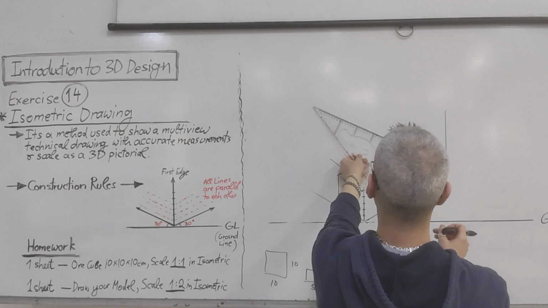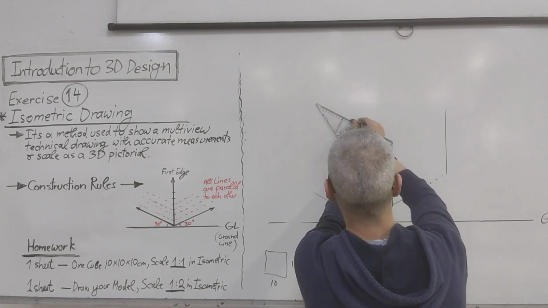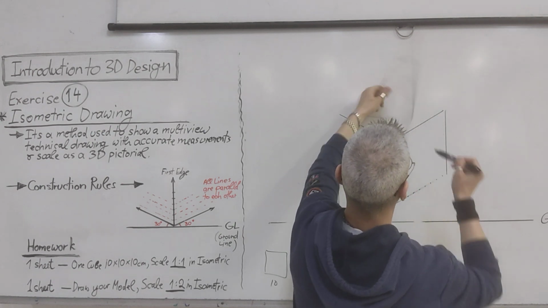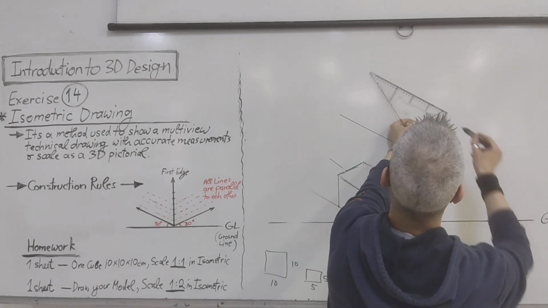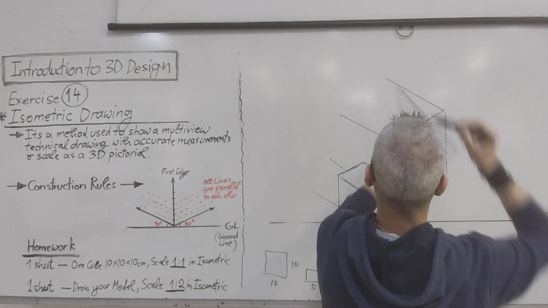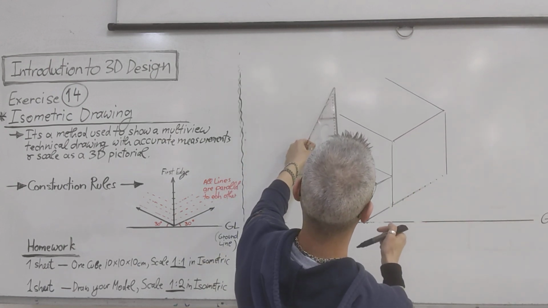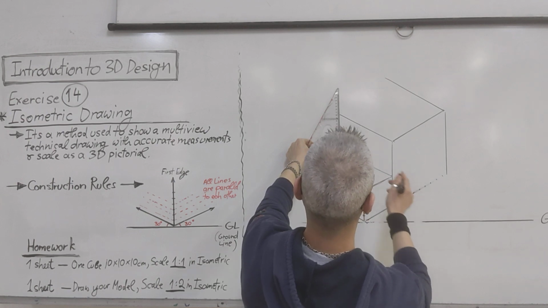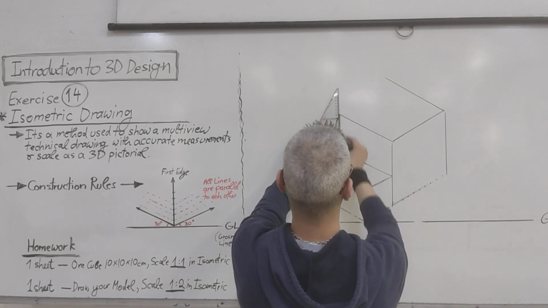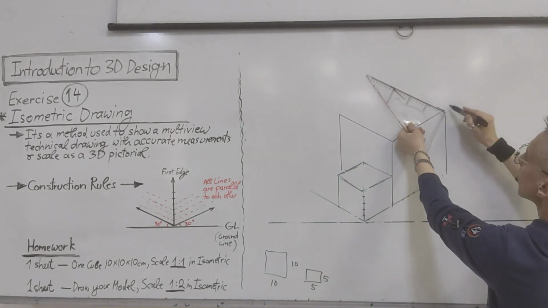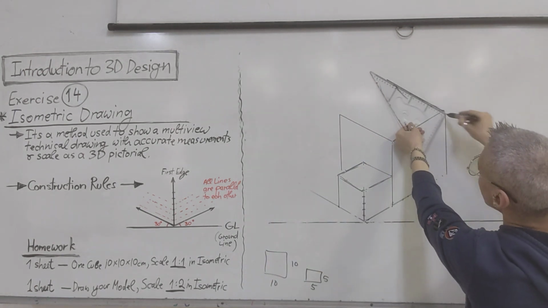Now we will finish the cube by continuing the lines. Let me just draw these also here. Now, it doesn't look great here because it's not accurately measured, but the important thing is to understand the technique.